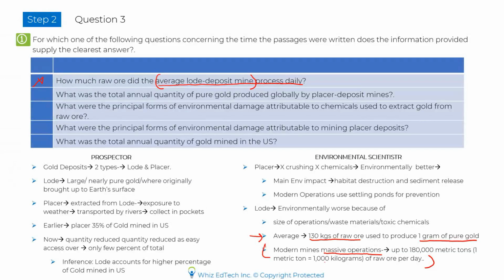But daily, how much raw ore is processed is given only for modern mines that have massive operations. So we do not know how the average mine processes. We know how much the massive operations process. So A is not clear. Since all of you marked A, is it clear why A is not the answer?